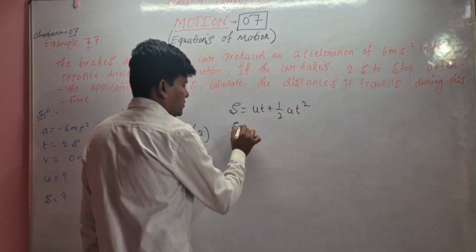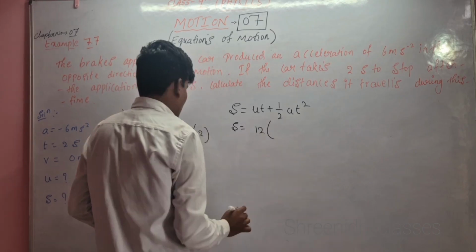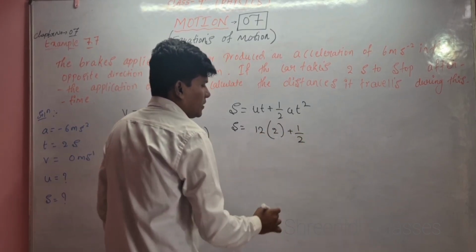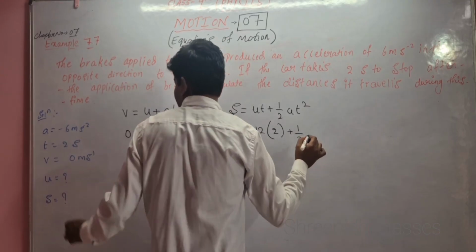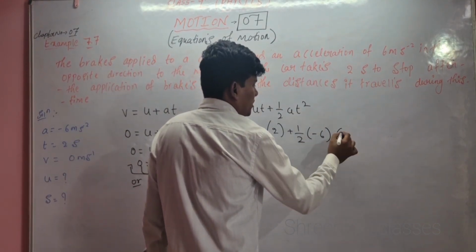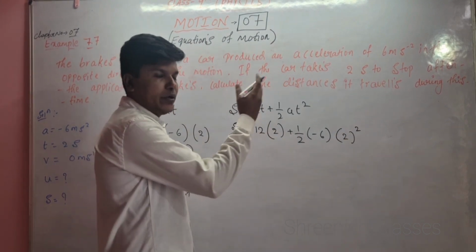Okay, S is equal to 12 into the time 2 seconds plus half the acceleration they have given, minus 6 into t square, 2 square, or you can also write 2 into 2.